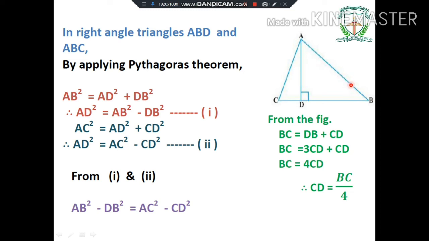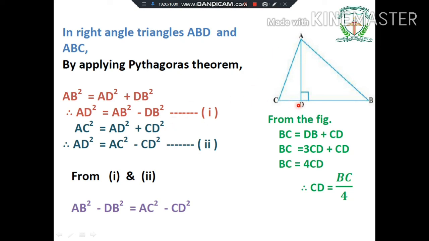Now we shall apply Pythagoras theorem to this triangle. So AB square is equal to AD square plus DB square. I already said that AD is common to both these. Keep AD on the left hand side: AD square is equal to AB square minus DB square, call it equation 1. Now consider the other triangle, ADC. So AC square is equal to AD square plus CD square.